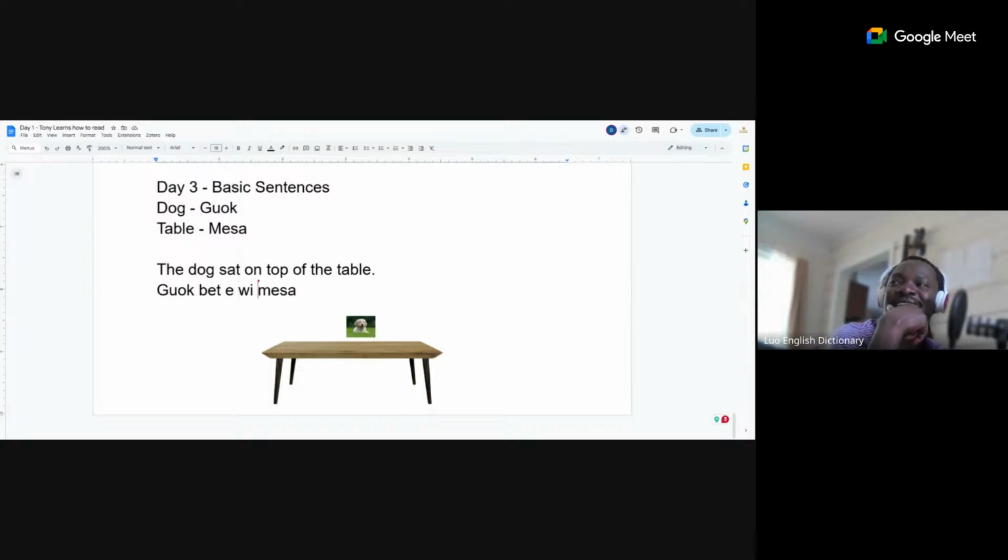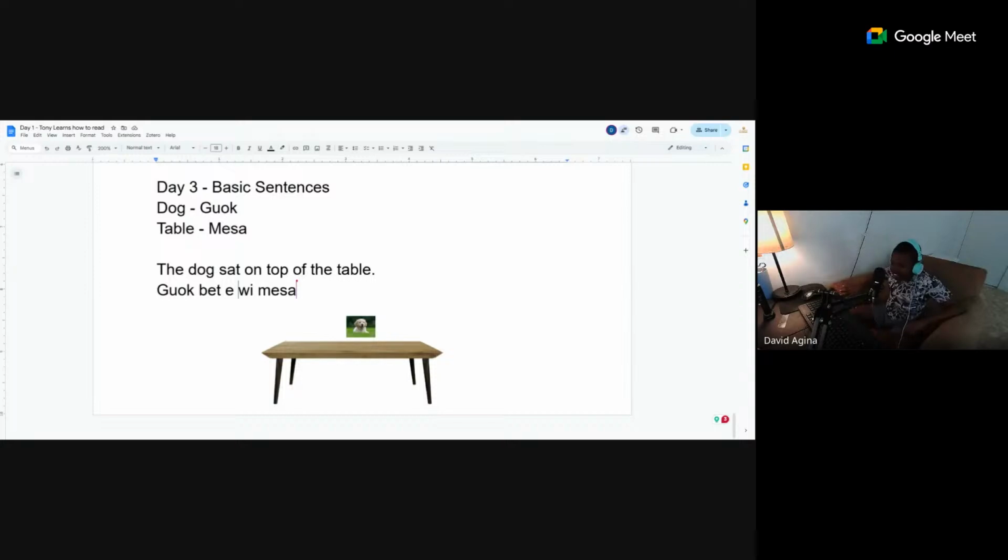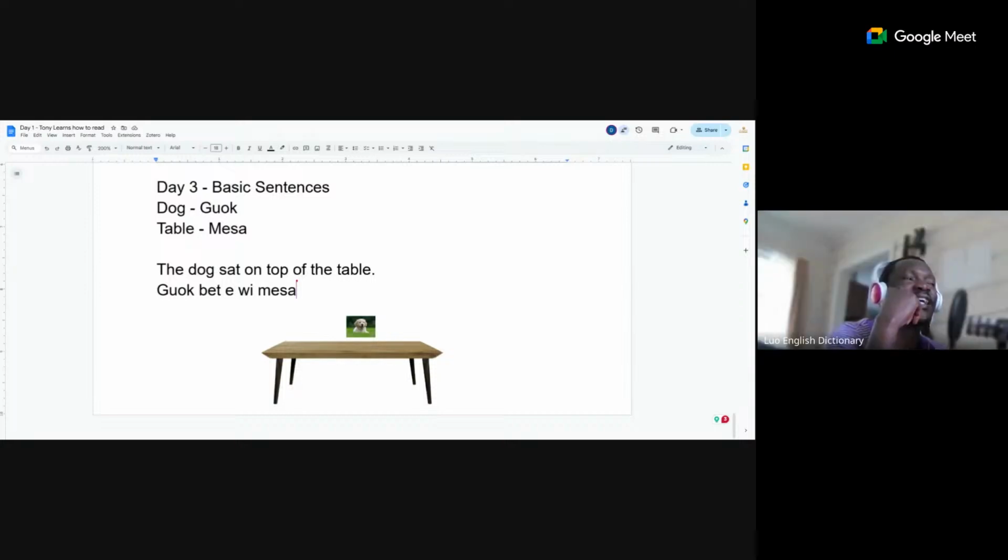Oh, Tony is yawning. So can you read the entire sentence? The dog sat on top of the table. Guok bet e we mesa. Yes.